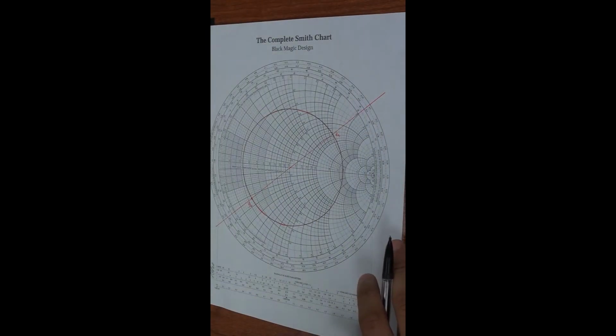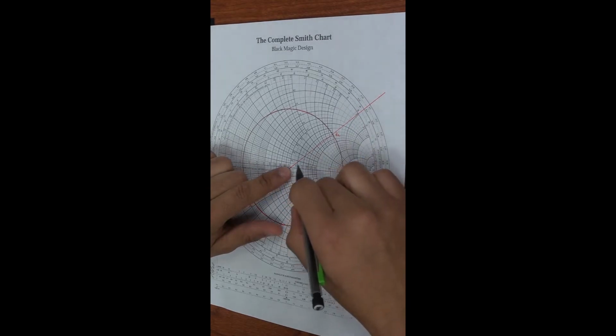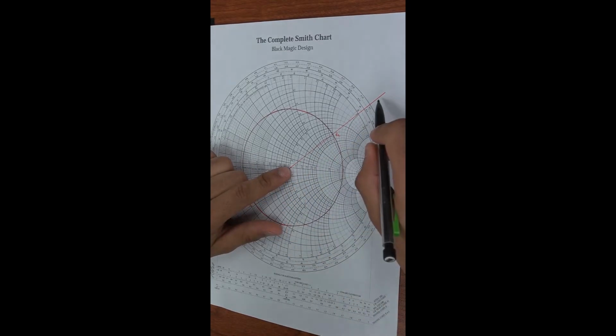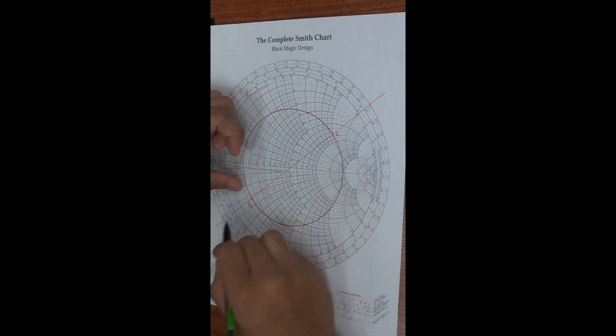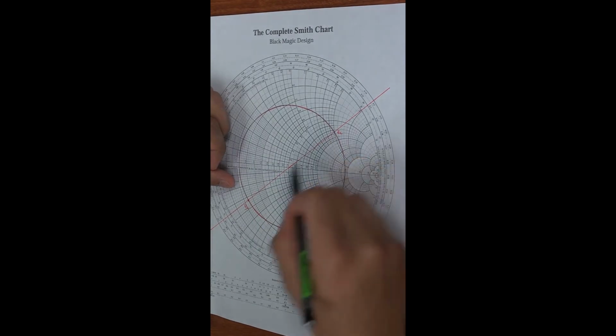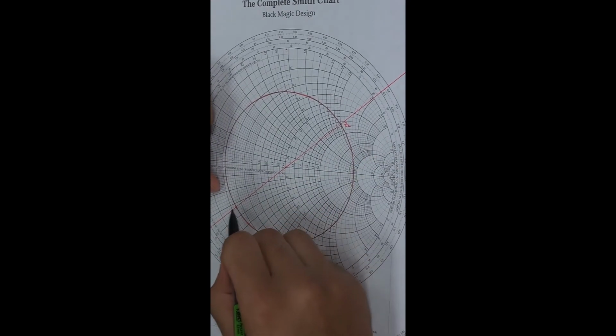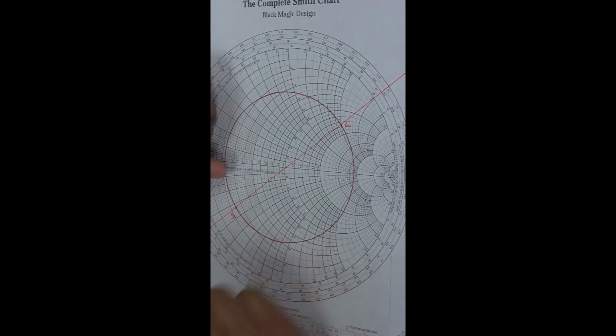In order to find the admittance of our load, we will continue the line that we had for our Z load to the other side of our Smith chart, and we will have an intersection of our SWR circle with that line, and that intersection will represent our load admittance. We will use this value to compute the distance d.